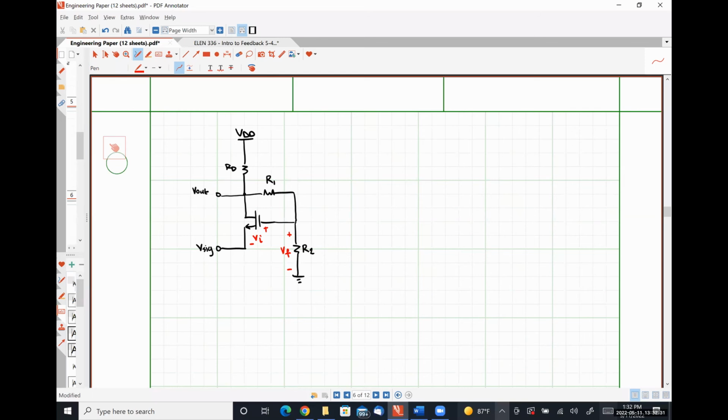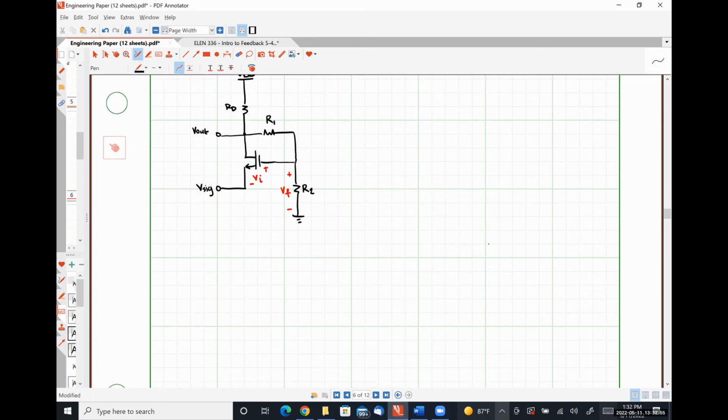So to identify my feedback network, what I'm going to do is try to see what component I have that links my output signal Vout to that quantity Vi, which in this case is just my resistor R1. Okay. So my feedback network, let's start with something pretty simple. We have our resistor R1.